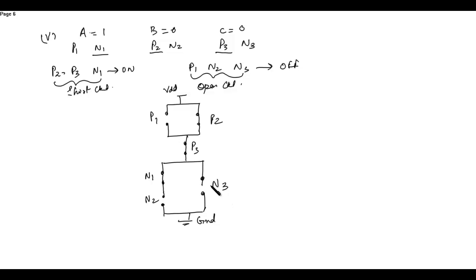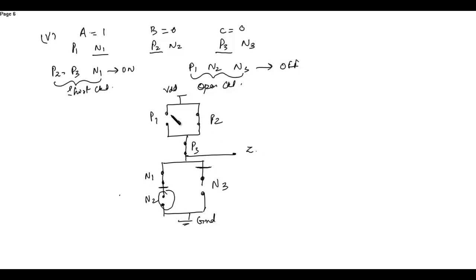So now the output when A is 1, B is 0, C is 0, the obtained output will be, this is Z. Here this is blocked. Here N1 is shorted but N2 is open. So here already there are two blocking.